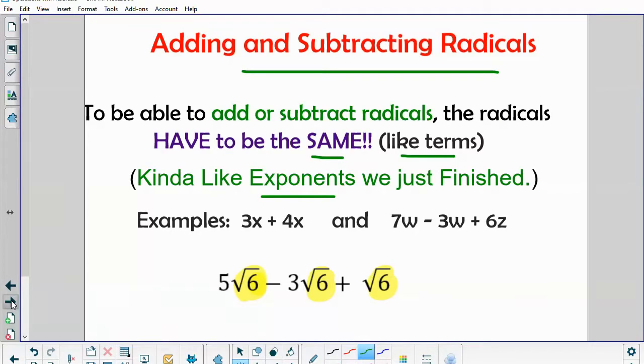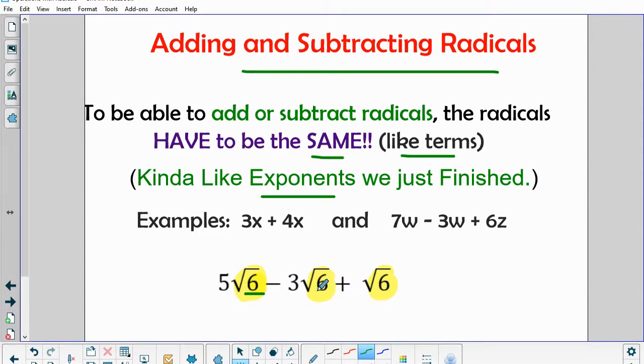Okay, so today we're going to talk about adding and subtracting radicals. And to be able to add or subtract radicals, the radicals have to be the same. They have to be like terms, just kind of like the exponents we just finished doing with our scientific notation and other things. Okay, so take a look at this little problem down here at the bottom. We got 5 times the square root of 6 minus 3 times the square root of 6 plus the square root of 6.